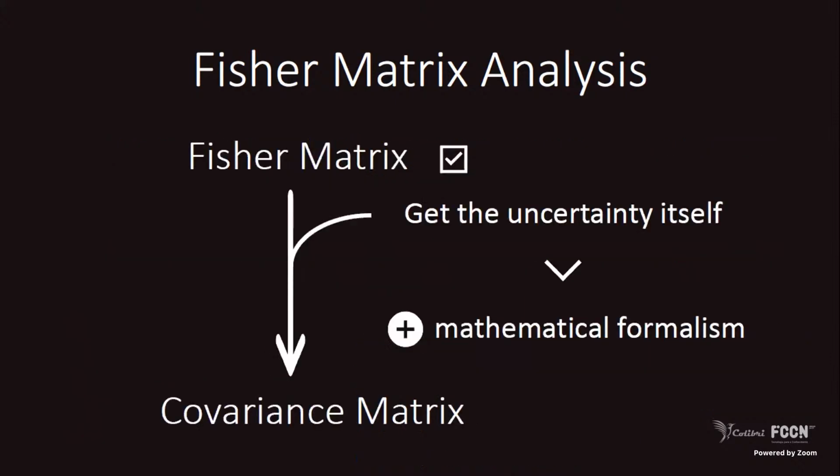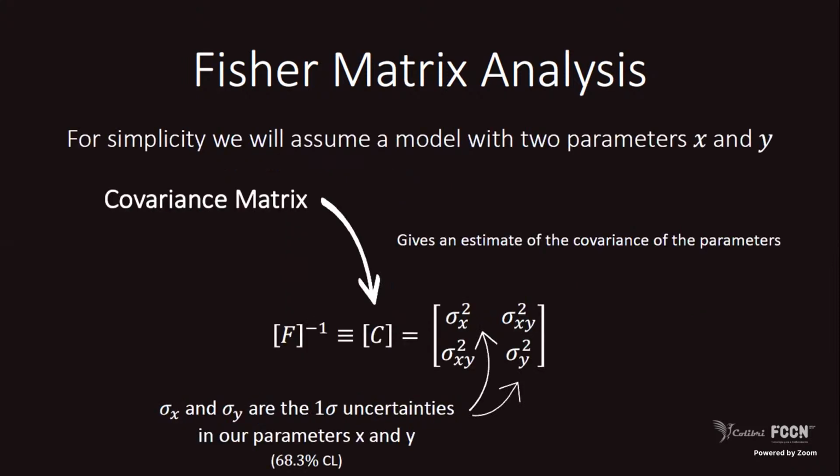So right now we have the Fisher matrix, as you remember, but we need to get the uncertainty itself. So we need to use another mathematical formalism, the covariance matrix. And as you can see here, the mathematical formalism is just the inversion of our Fisher matrix.